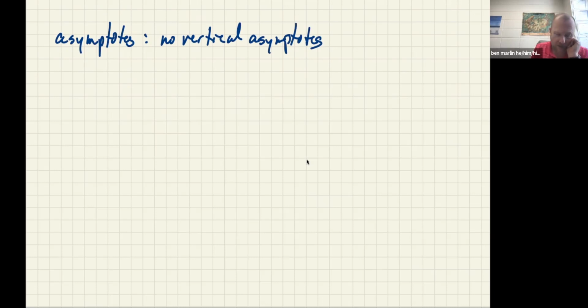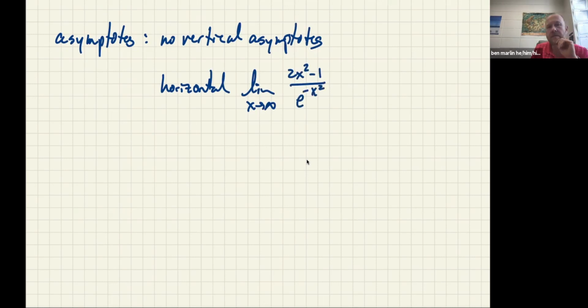For a horizontal asymptote, we're going to take the limit as x goes to infinity of that thing. It had 2x squared minus 1, and down here it had e to the minus x squared. Oh, sorry. When you put it down below, you take away the minus, don't you? So it should have been e to the x squared sitting in the denominator.